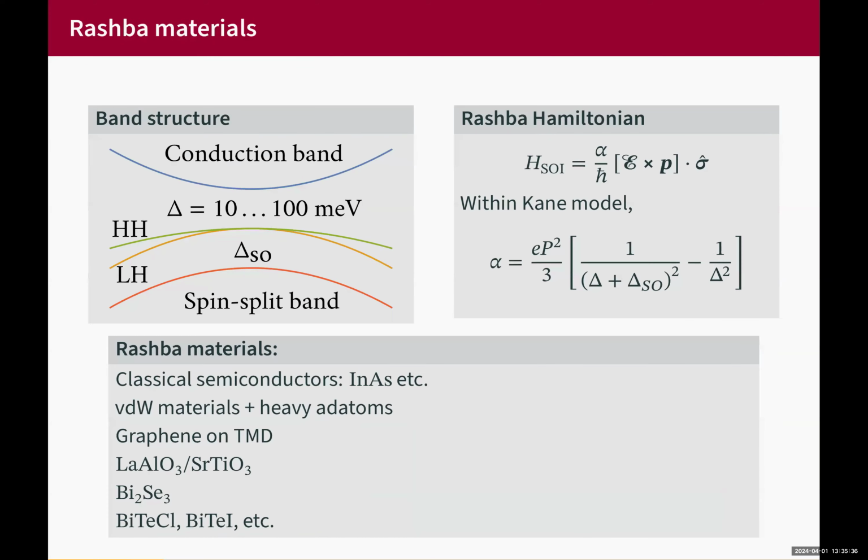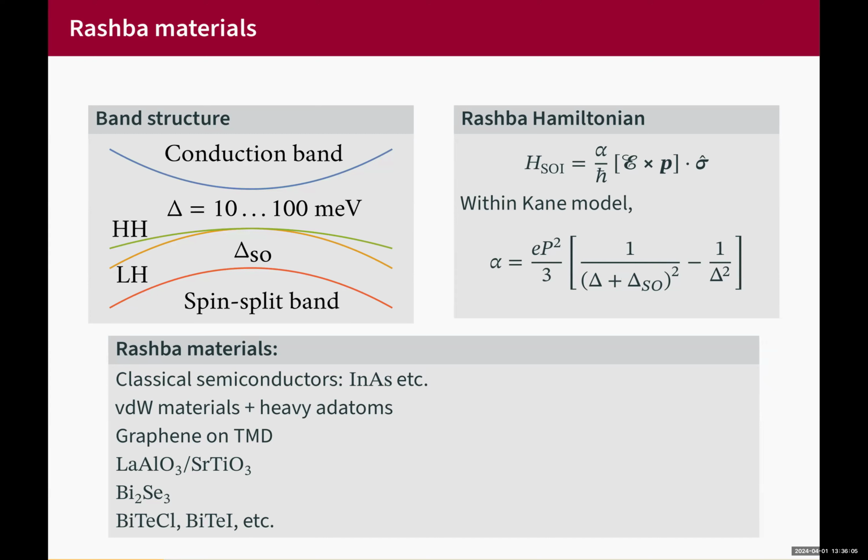So, the spin-orbit interaction is well known from the relativistic quantum mechanics. Usually, it is explained like this: imagine an electron moving in an electrical field. In its own frame of reference, there arises the magnetic field because of the Lorentz transformation, and it's proportional to the electron momentum.